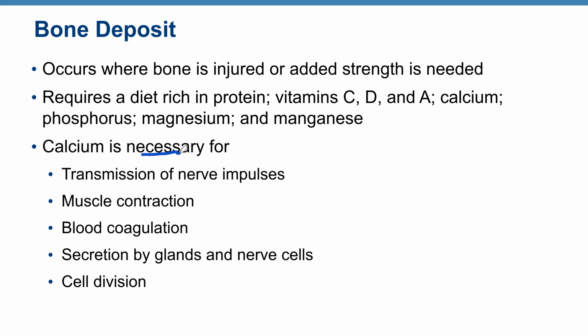Calcium is necessary not only for bone formation, but also for transmission of nerve impulses, for muscle contraction, blood coagulation, secretion by glands and nerve cells, and cell division. So you can see the calcium is a really critical mineral in your diet.